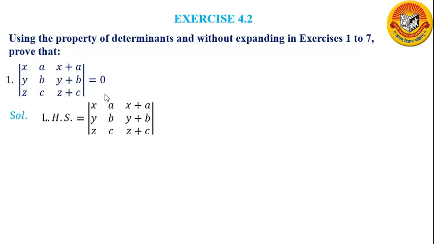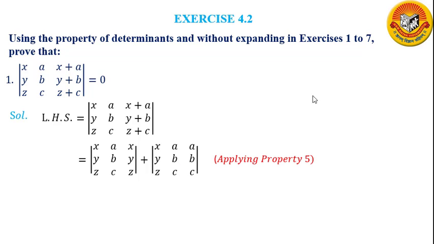Now on the left hand side, if you see this third column, it is expressed as a sum of two elements. So I can split this determinant as a sum of two determinants like this, where in one determinant I take the values x, y, z, and in the second determinant I use the values a, b, c. Now what property have I applied here? The fifth property.